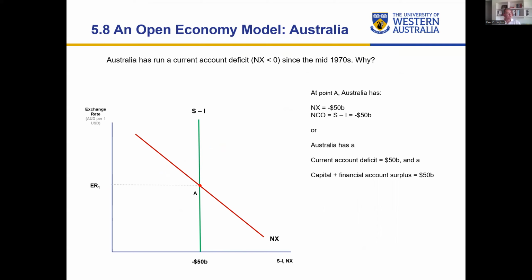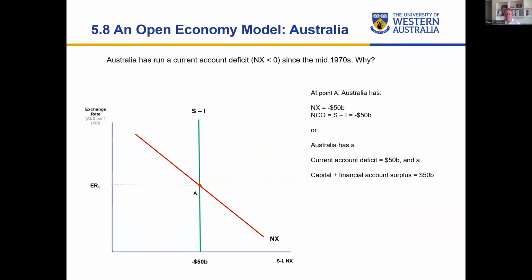So I guess the next question is, well, if that happened from the early to mid 1970s in Australia right through to about 2019, a period of 50 odd years of current account deficits, and if it's because savings were less than borrowing in Australia, which led to the current account deficits, why is it that in Australia over the last 50 years, savings were less than investment?